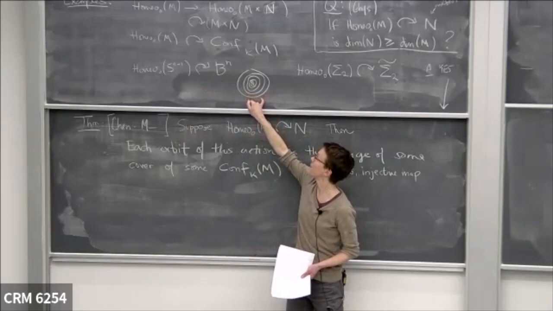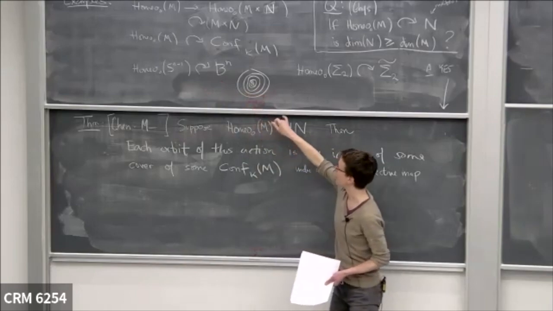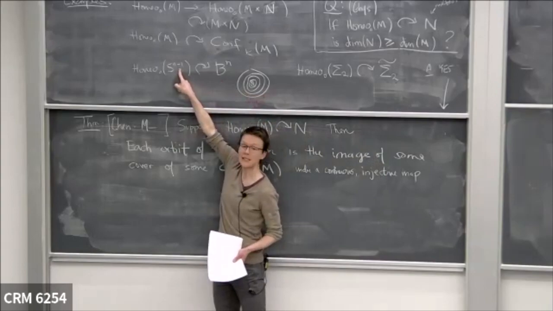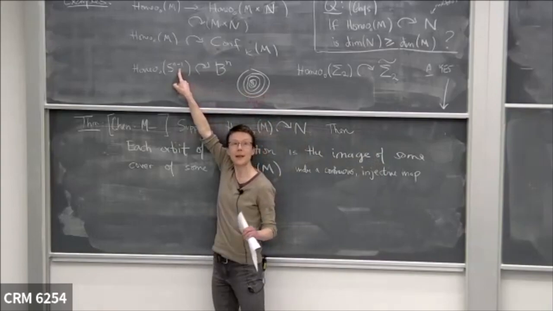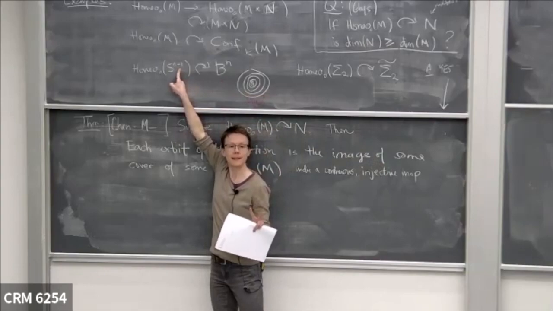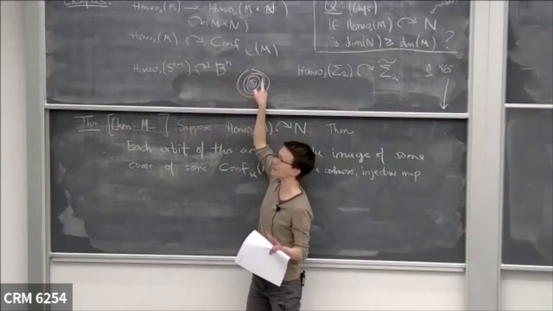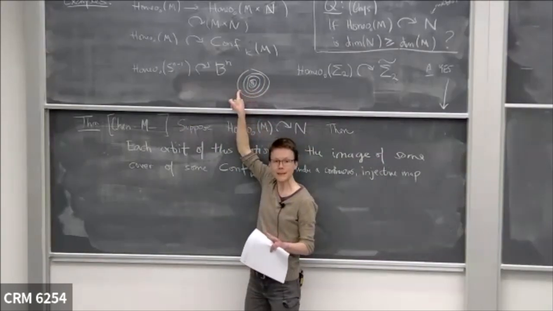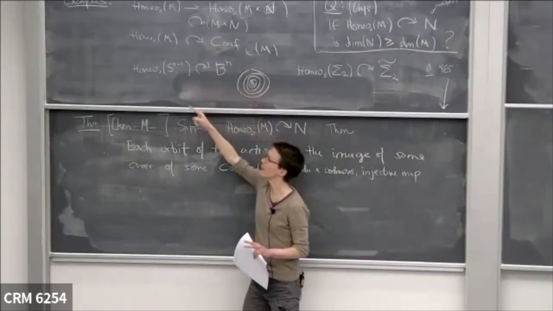If your dimension is 2, you may notice that the sphere becomes the one-dimensional circle. Configuration space of 2 points in the circle is, oops, that's a Mobius band. But if I take its cover, 2 labeled points, that's an annulus, and I can stick some annuli inside of this to make an example that's not this. But that's an accident of low dimension.